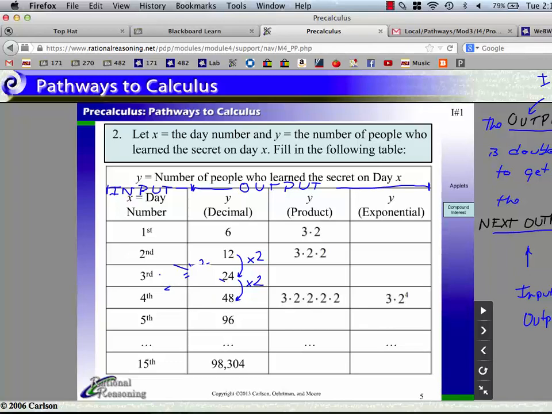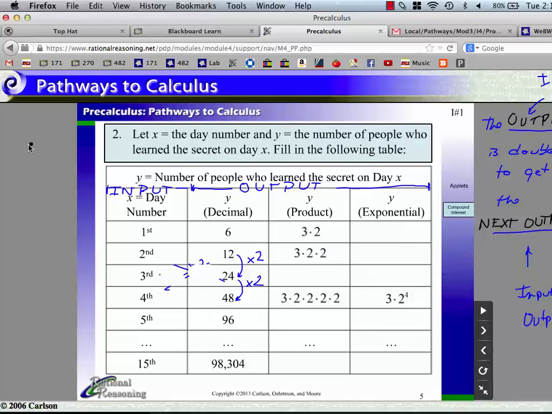And notice that this multiplying that's happening, it's always multiplying by the same number. In this case, it's 2. Doubling means multiplying by 2. You're always multiplying the current output by 2 to get the next output. This multiplier has a name.